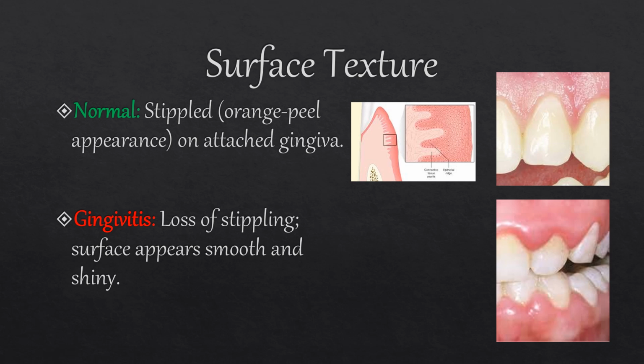Whereas in gingivitis, there is loss of stippling and the surface appears smooth and shiny. Here the longer rete ridges are lost because of the destruction of the collagen fibers in the connective tissue. And also because of edema, there is swelling which makes the gingiva appear smooth and shiny.